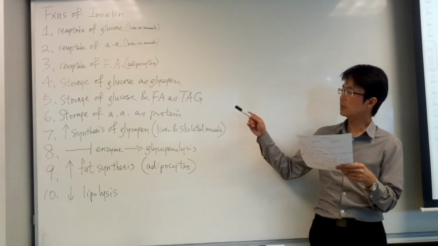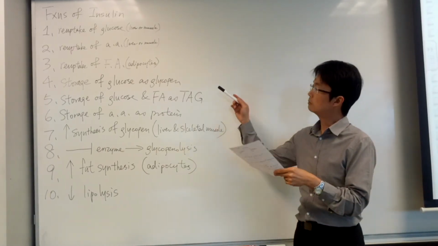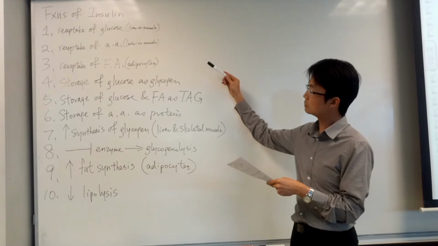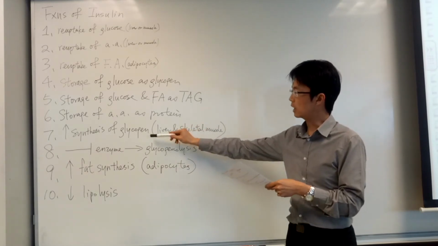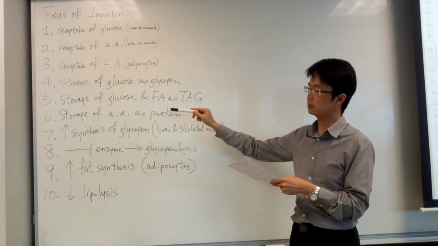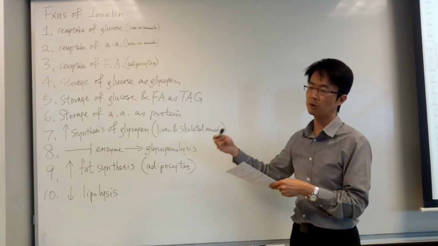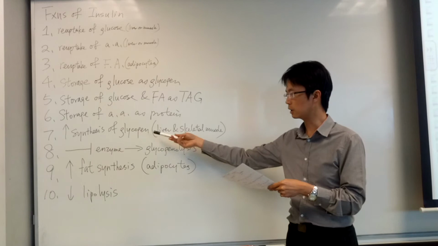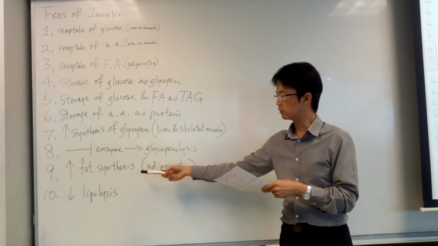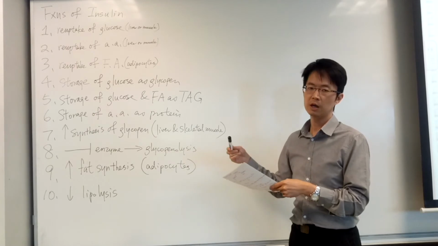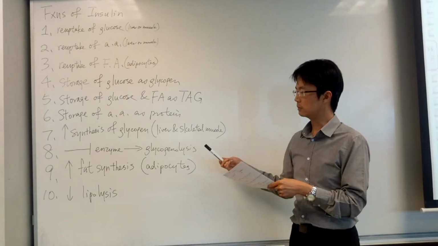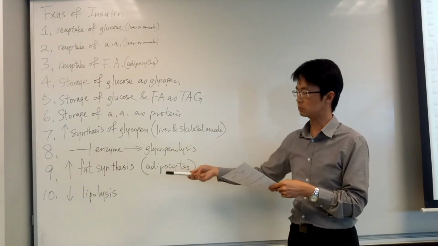So you can see that insulin induces glycogen synthesis, so you will combine the monomer glucose together to form glycogen. You also increase the fat synthesis. That means that you will increase the making of the lipid. That means you combine fatty acid and glycerol to make lipid.